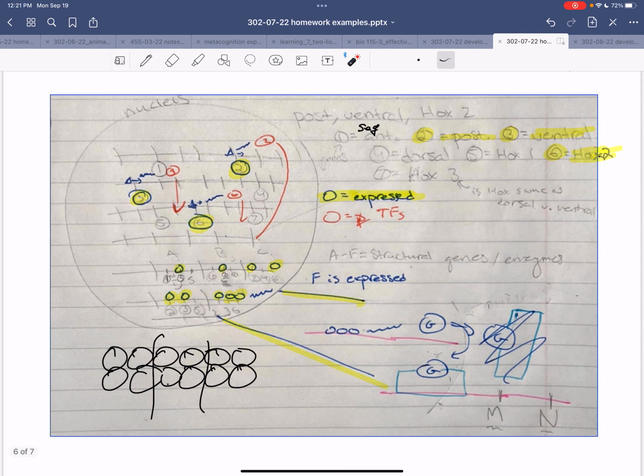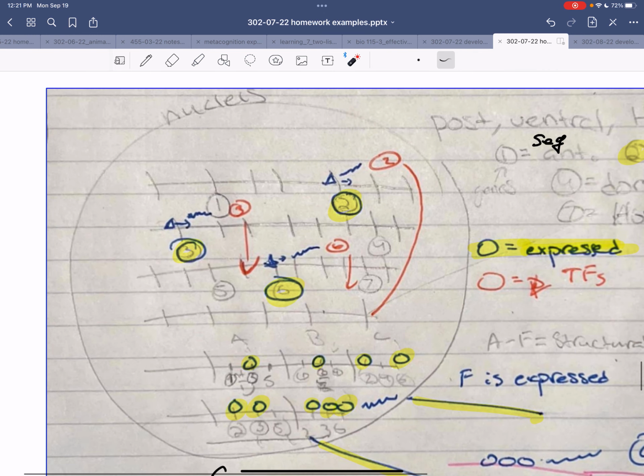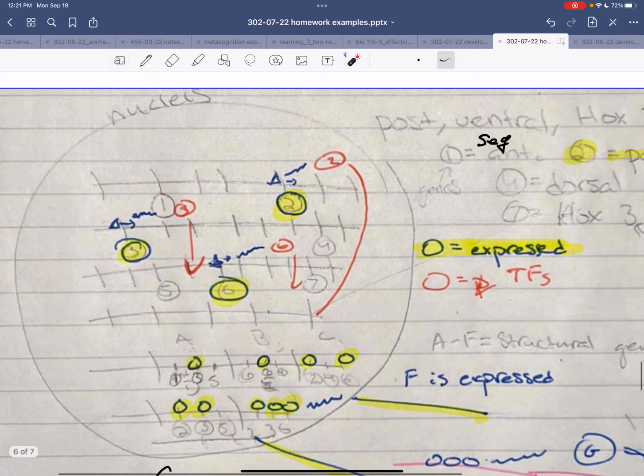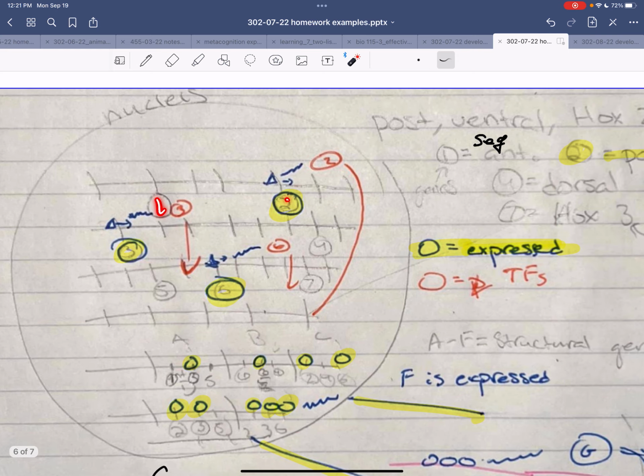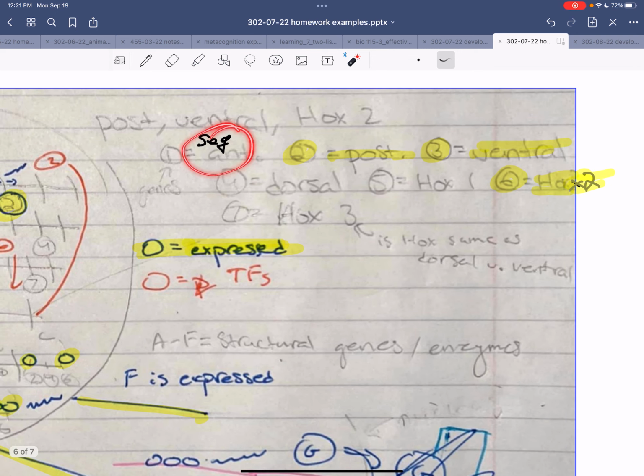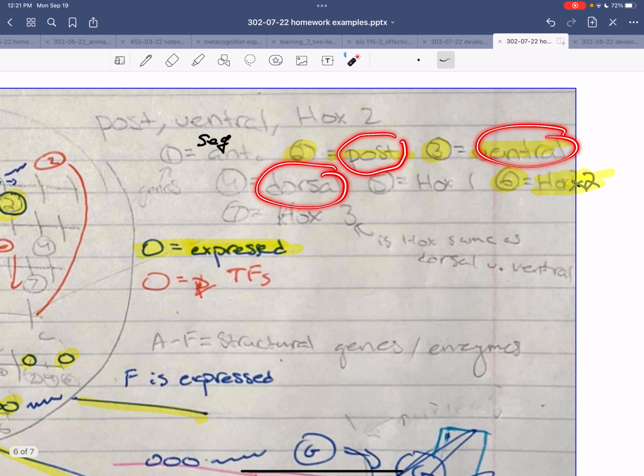This example showed something else I liked. What I liked was it showed all genes in all cells. So every cell has these genes. This person labeled them 1, 2, 3, 4, 5, 6, 7. And over here did a key. Segment anterior, posterior, ventral, dorsal, HOX1, HOX2, and HOX3.